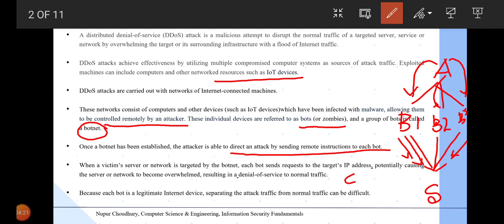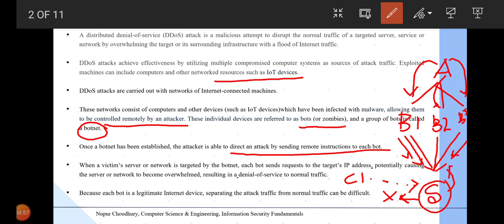And if some other computer C1 is trying to communicate with the server, the server will not be able to respond back to this computer because the server is busy attending to these many requests which are coming from different bots. However, these requests are not very relevant, but even then the server is busy attending to the requests by these bots rather than responding to a genuine request which is coming from C1.